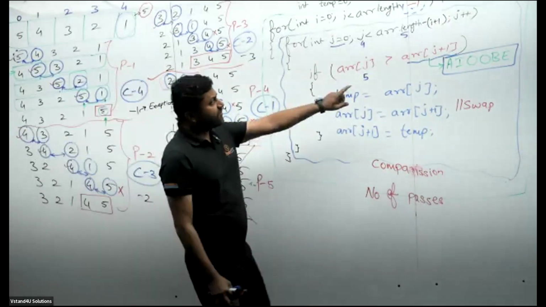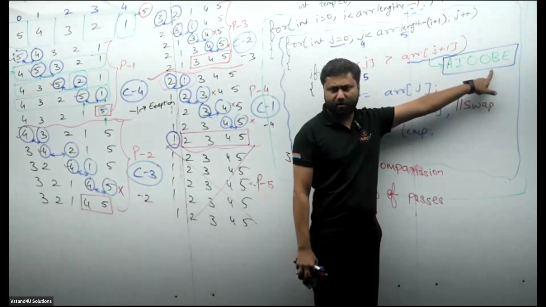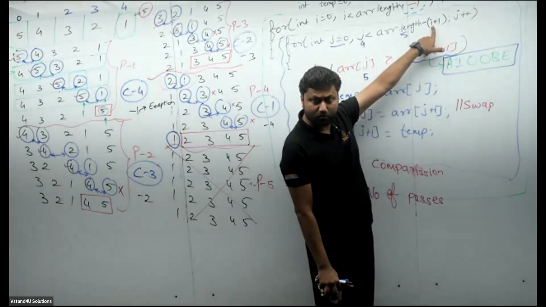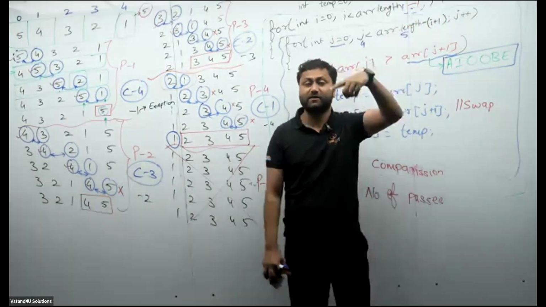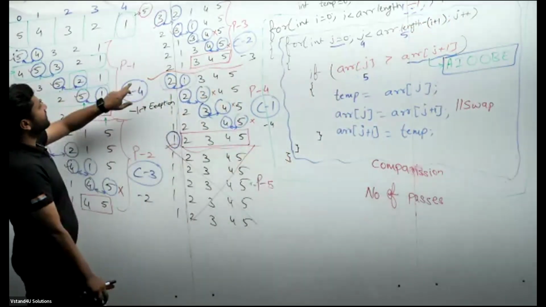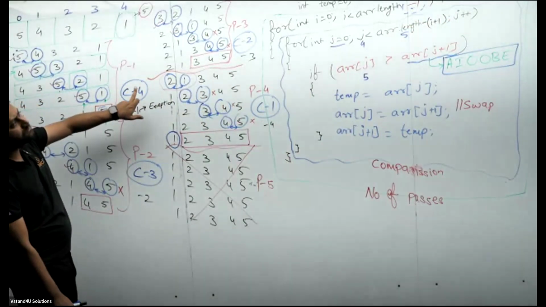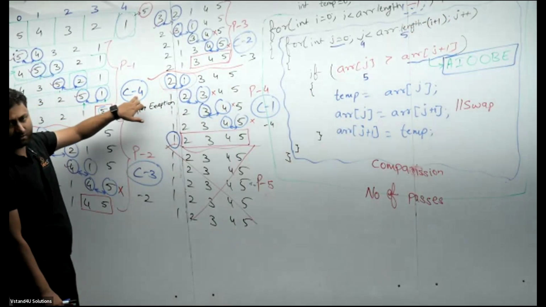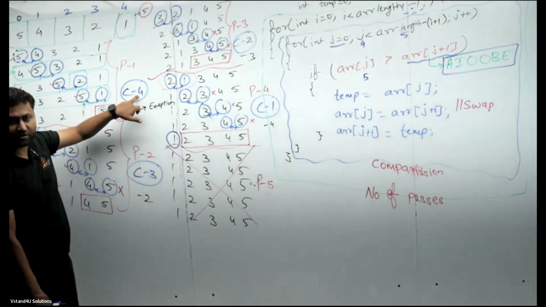That plus 1, why is it coming? Is it clear? Because of the index out of bounds exception. Agree? The first time, i value is 0. When we started the first comparison, first pass, that time i value is 0. I am saying 0 plus number of elements 4. Correct? That is coming as 4 comparisons.